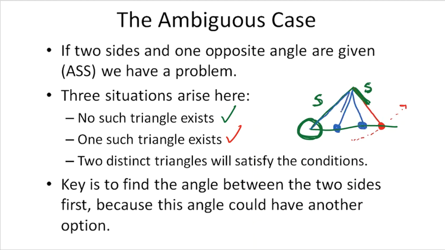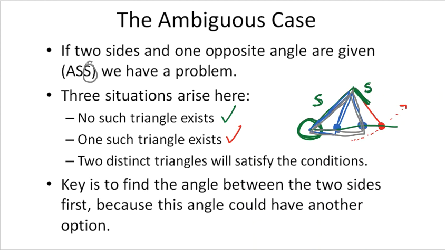So we have this triangle right here, a little smaller triangle, and then we have this bigger triangle right here that is also possible. So the issue is that the second side can be too short to make any triangles, it could be the perfect length that makes only one triangle, or it could potentially make 2 triangles.